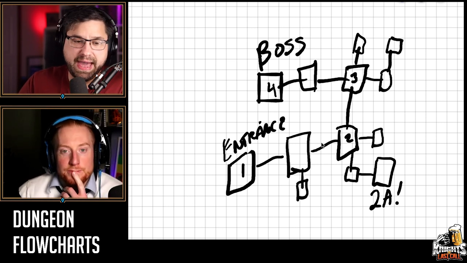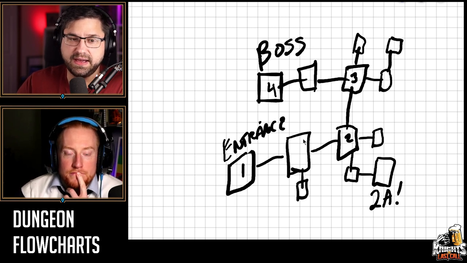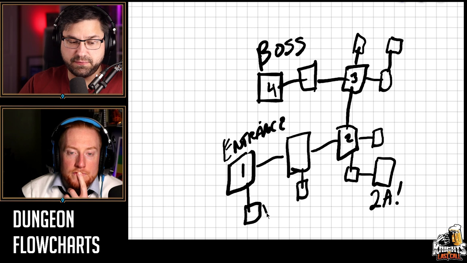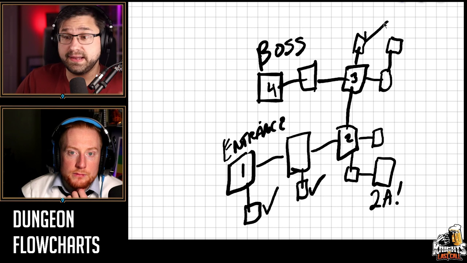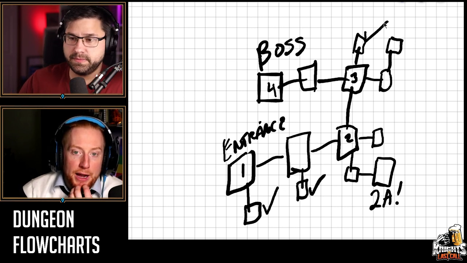But the fact of the matter is that despite the dungeon looking like this, and having all of these different places that you could go, you aren't still making any real decisions, because yes, you could go to this room here, you could go to this room here, but you're forcing the heroes through this. A very famous example of this is Sunless Citadel, which reminds me of the beginner box. Exactly.